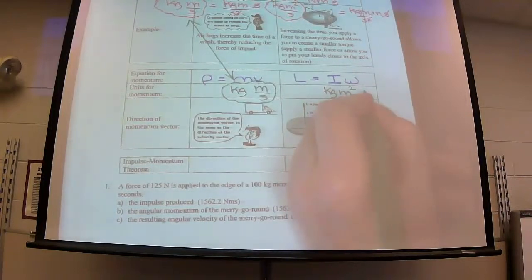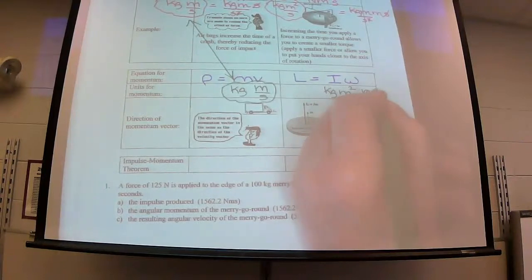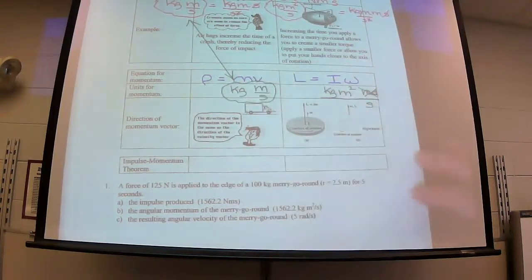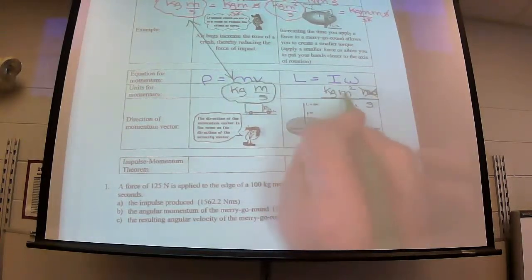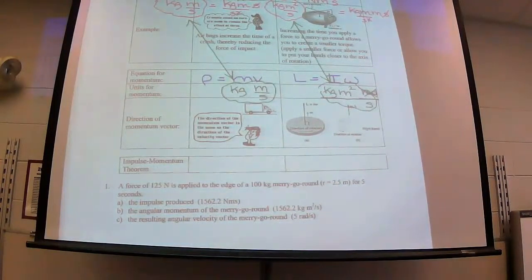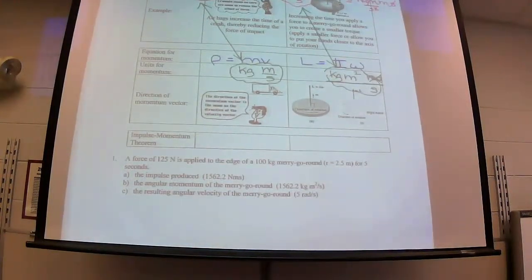So I have radian, a nothing per second. And so you see I have kilogram meter squared per second, which matches this. So it's the units that we have to pay attention to there.